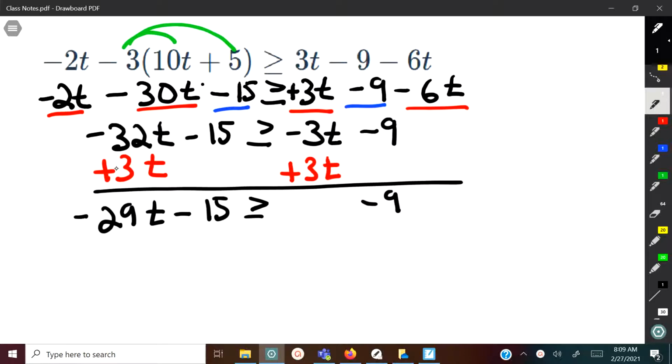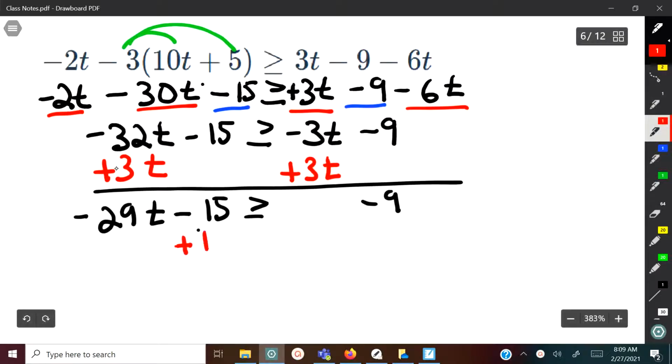We're isolating the variable. Alright, the next thing I'm going to do is move the constant, which is the numbers here, without the variable. So I got minus 15, I'm going to add 15.